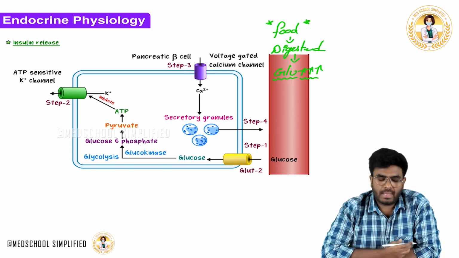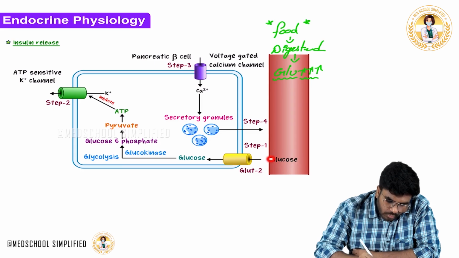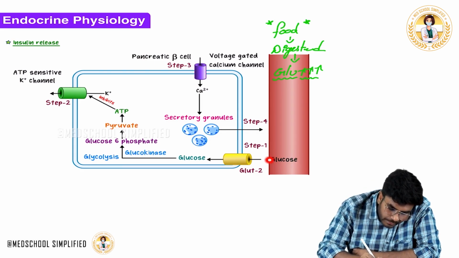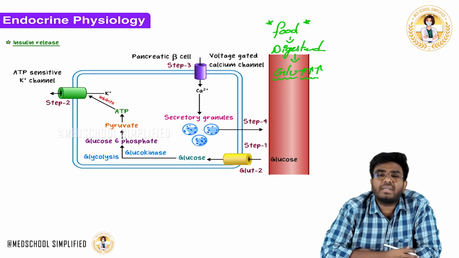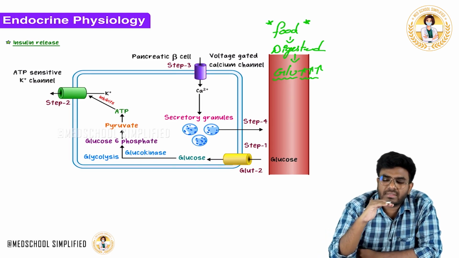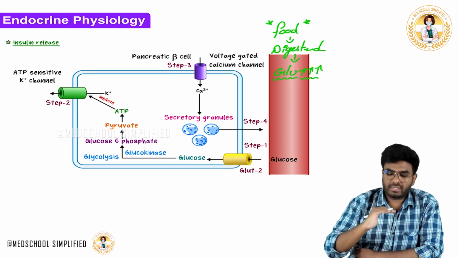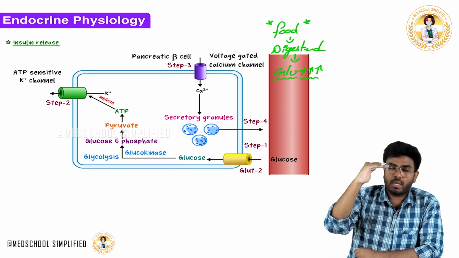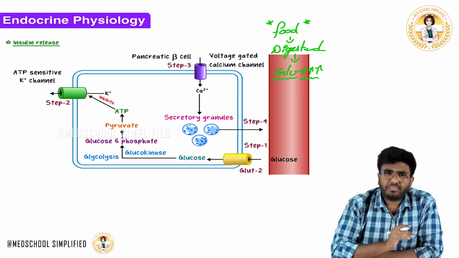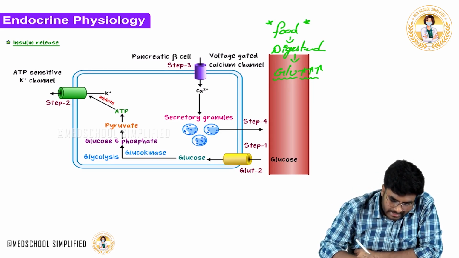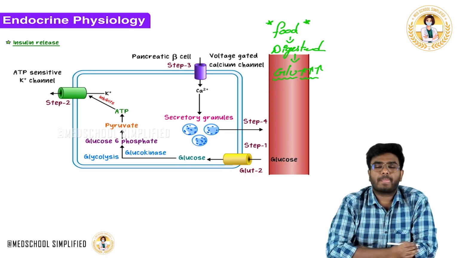How does it know? See, the glucose will enter into the beta cell. This elevated glucose, these glucose molecules, will enter into the pancreatic beta cells. Whenever there is hyperglycemia in the blood, whenever the blood glucose level is more, this glucose will enter into the beta cell with the help of a transporter called GLUT2, glucose transporter type 2.